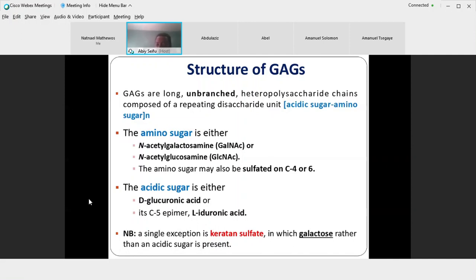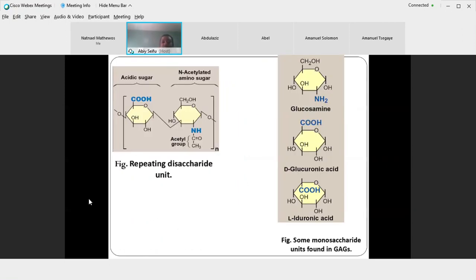Keratan sulfate is exceptional here, in which galactose is present rather than acidic sugar. There is no acidic sugar present in keratan sulfate. Rather, it will be galactose. The others are heteropolysaccharides exclusively made by acidic sugar and amino sugar.